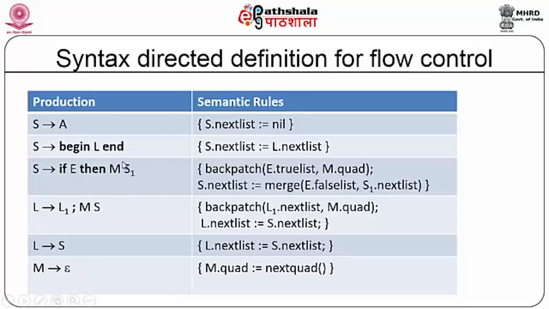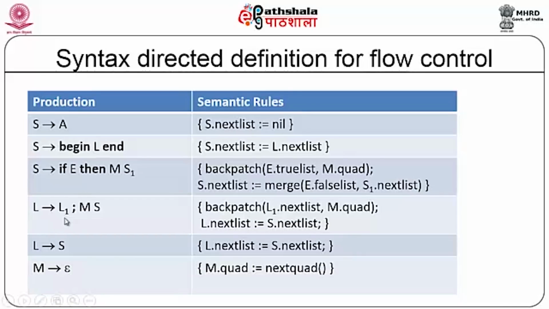This is what we said in a different way earlier: S dot next is equal to S1 dot next, and E dot false is also equal to S dot next, and so on. Now we are representing that as a combination of the next of S1 and the false of E. If you merge that, that corresponds to the next of S. All of it refers to the same position, the same line number.